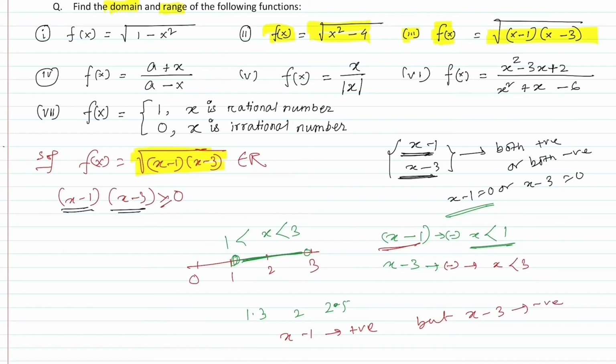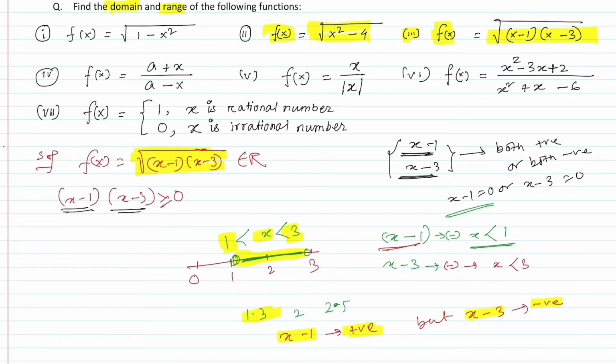In this interval, where x is greater than 1 and less than 3, x minus 1 is positive and x minus 3 is negative.